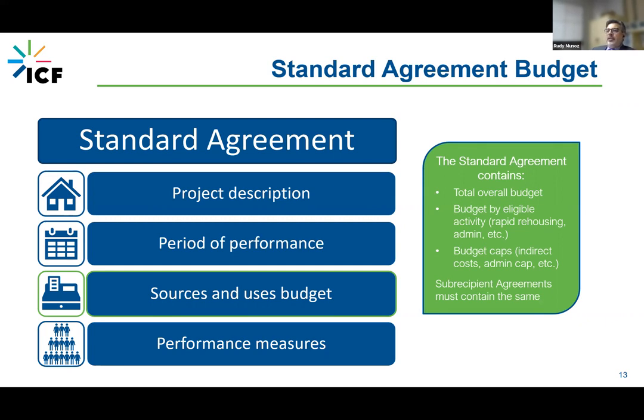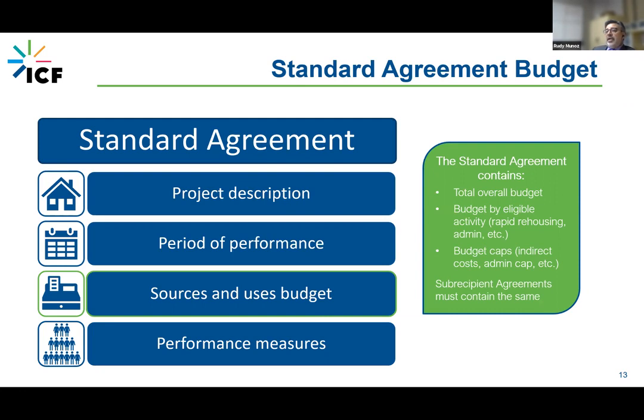The standard agreement must contain the 4 items that are listed here on this slide, and they include a project description or scope of work, the period of performance, a sources and uses budget, and it must also include performance measures. The agreement remains in effect during the period that the grantee or the subrecipient has control over those ESG CV funds, including any program income that may be generated by the program.